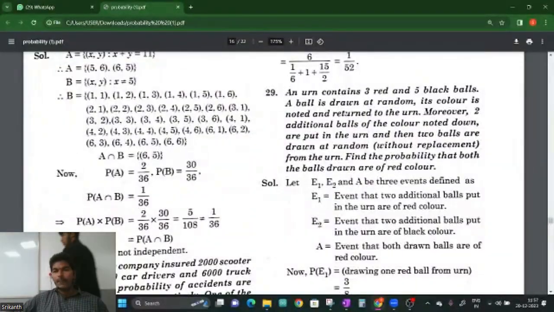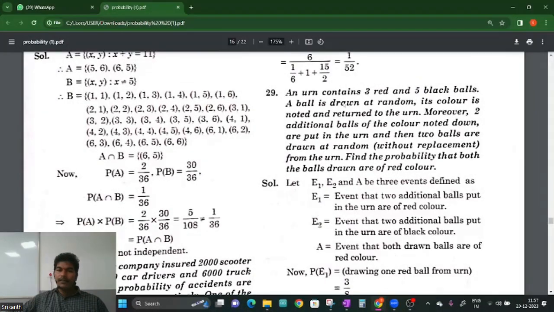Next, 29. An urn contains 3 red and 5 black balls. A ball is drawn at random, its color is noted and returned to the urn. Okay. So an urn is there. What is the composition in the urn? 3 red and 5 black. One ball is selected from the urn and its color is noted and returned.